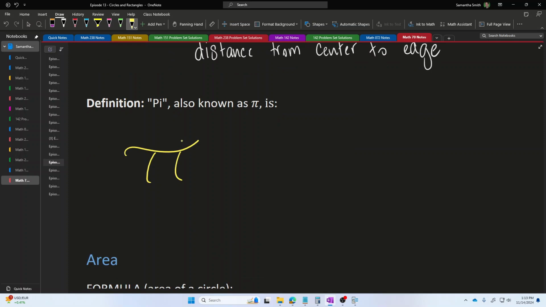So this is what the symbol pi looks like when you draw it. Now, the symbol pi represents the area, the amount of space inside a circle whose radius is equal to exactly 1 unit.